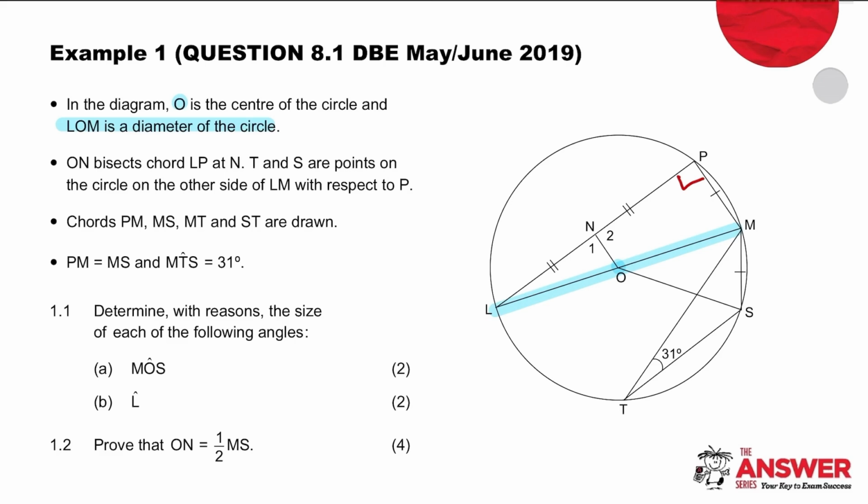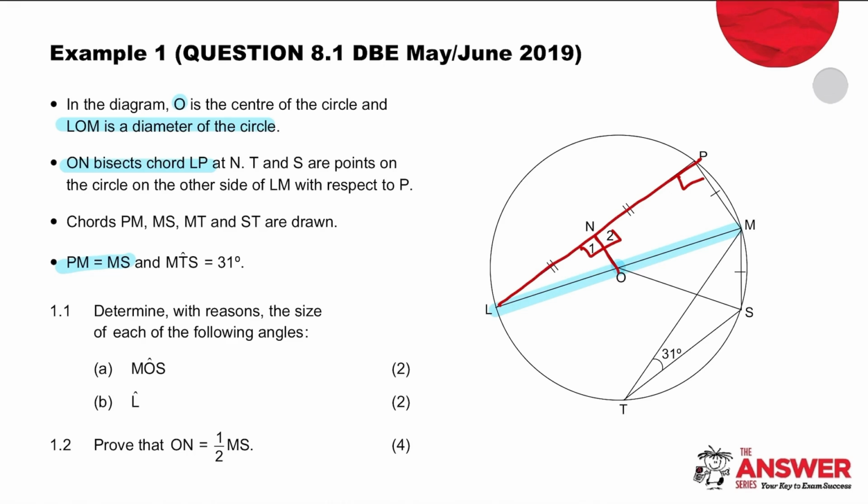They're telling us that we have another line, ON, which is a bisector of chord LP. So if we go back here, the line ON bisects the chord. So this chord LP is bisected, and that means we know that we have right angles if we need them.